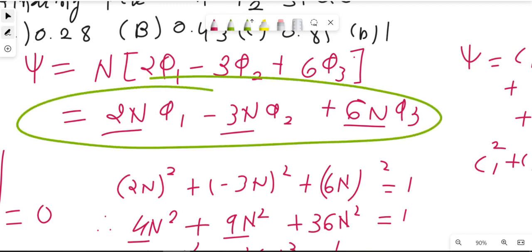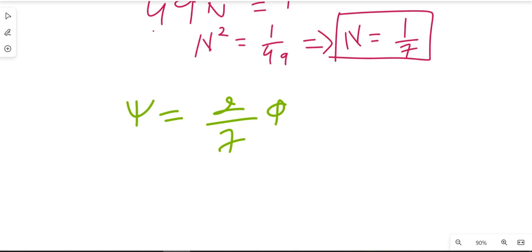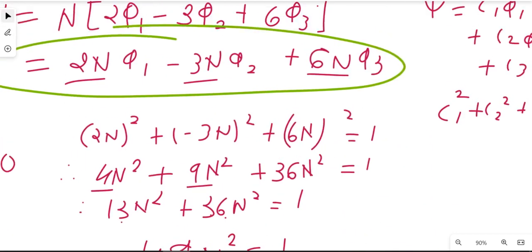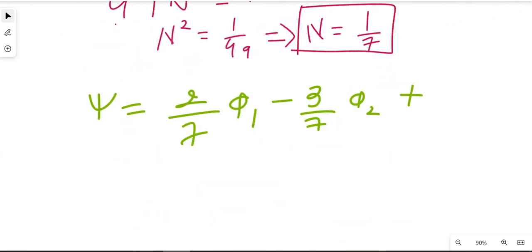Okay, so psi is equal to 2N phi 1, so it will be 2 by 7 phi 1, then minus 3N, so 3 by 7 phi 2, then 6N, so it will be 6 upon 7 phi 3.